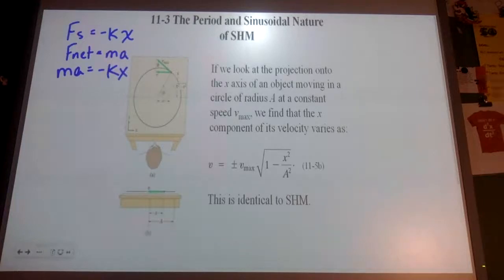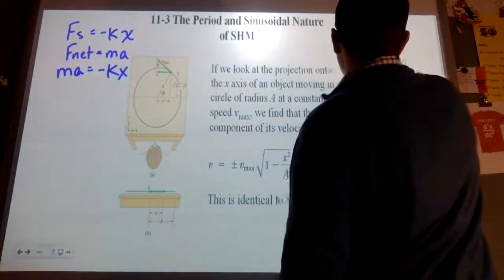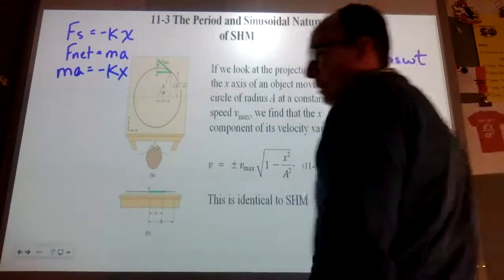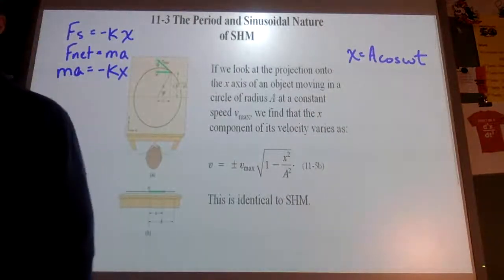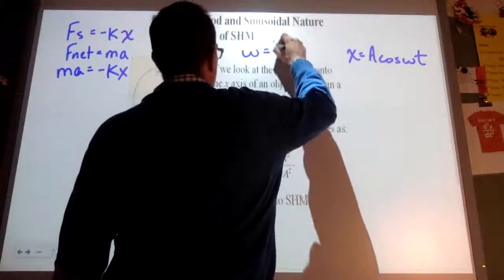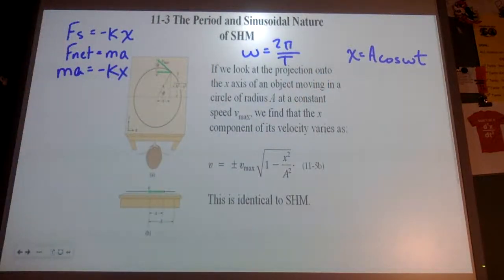So what is x? x is our position, and we defined x as A cosine omega t, where omega, our angular frequency, is 2 pi over T.